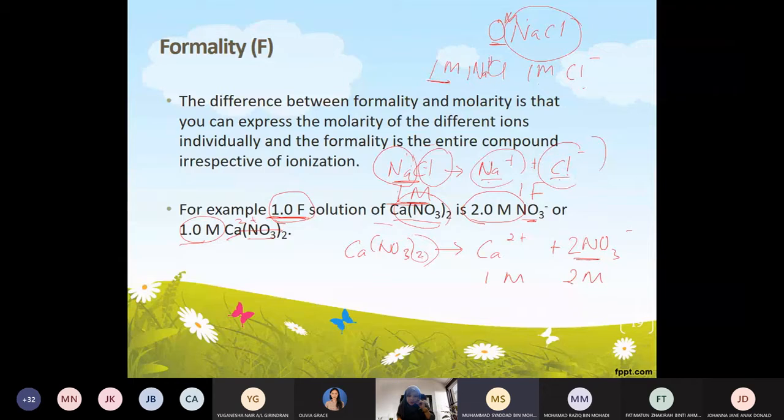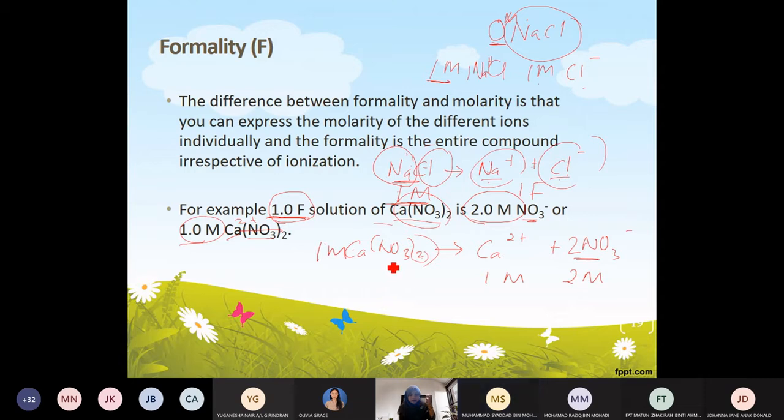The mole of what? Both compounds, like the nitrate and the calcium ion. Oh, okay. Tak perlu, tapi awak kena faham. Kalau awak nampak dalam mana-mana teks, kalau dia tulis 1 molar calcium nitrate, it's understood. It's actually referring to the 1 molar of calcium and then 2 molar of nitrate.